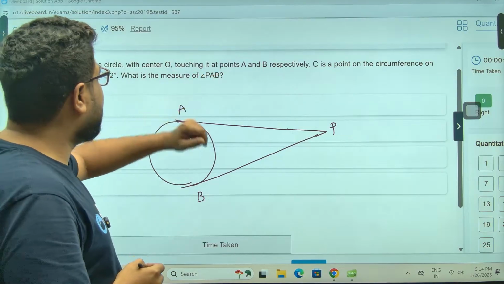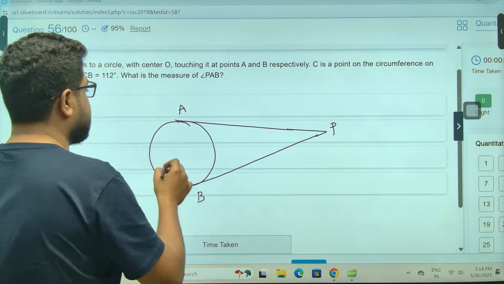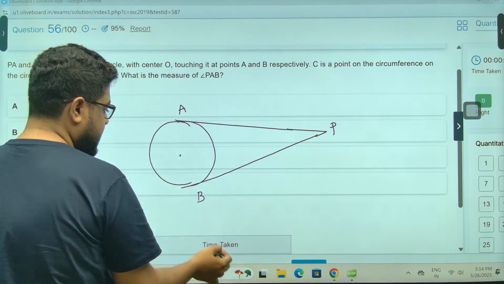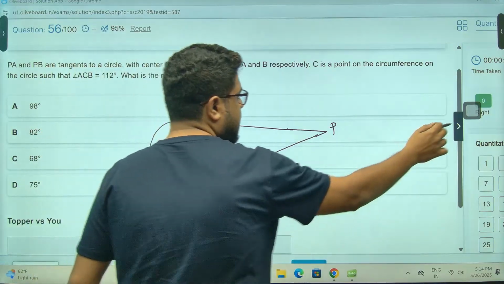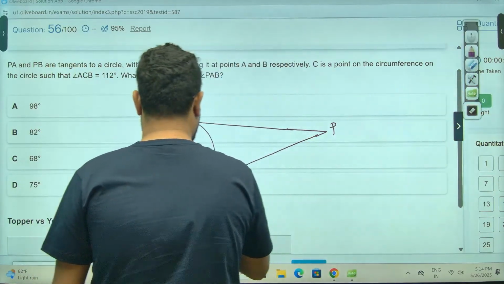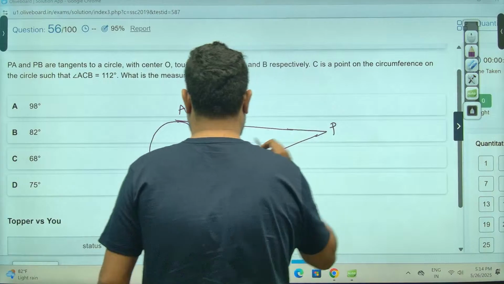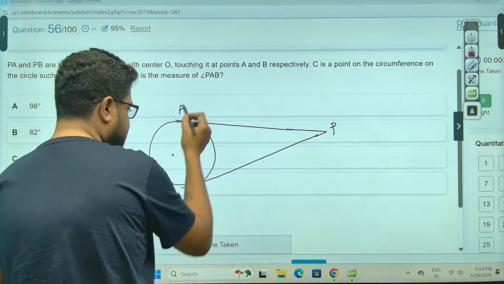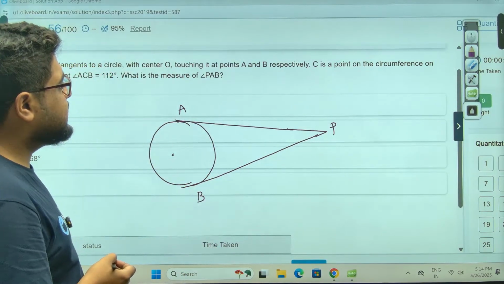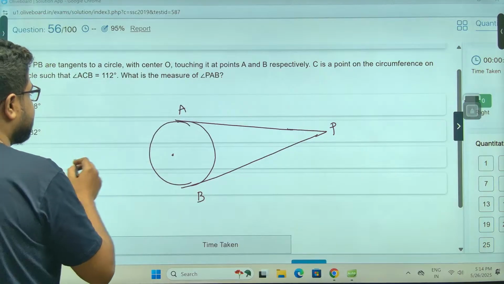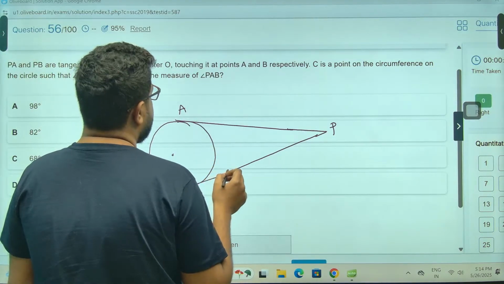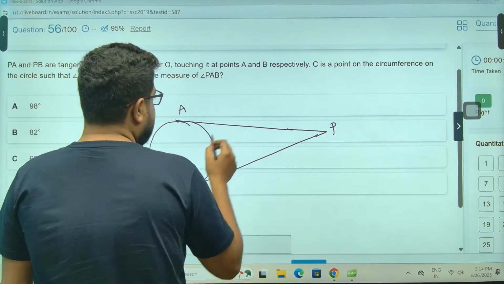Now C is a point. अच्छा, touch with center O touching at A and B. हाँ definitely. Let me just take the center a little bit to the left. C is a point on the circumference such that ACB is 112. Then they are asking PAB.